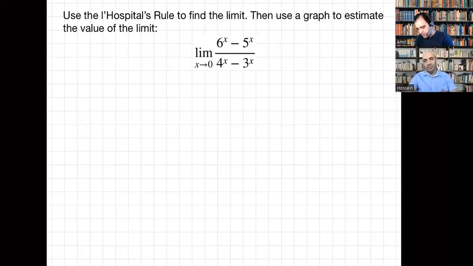Okay, sure. Thanks for explaining this one. Limit of numerator divided by denominator. We have 6 to the power of x, when x approaches 0, is going to be 1. So this is going to be 1. This is going to be 1.